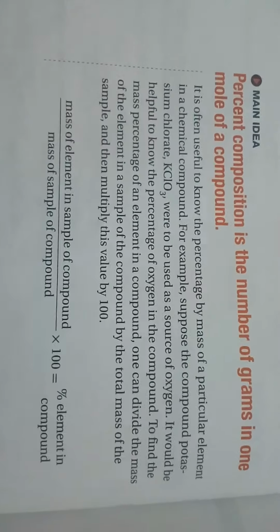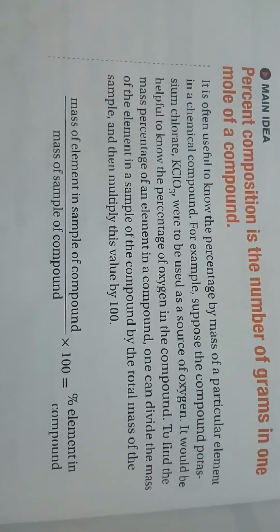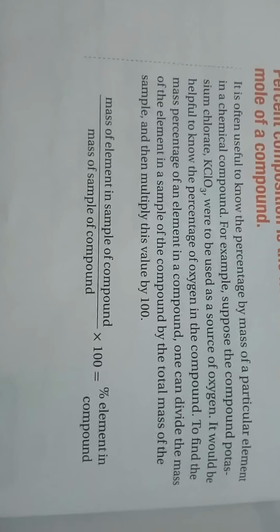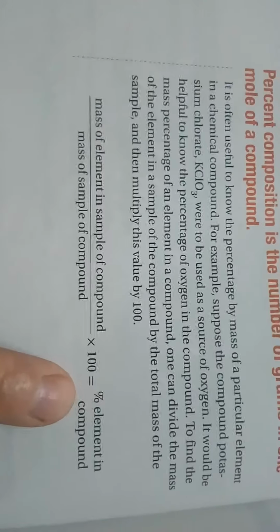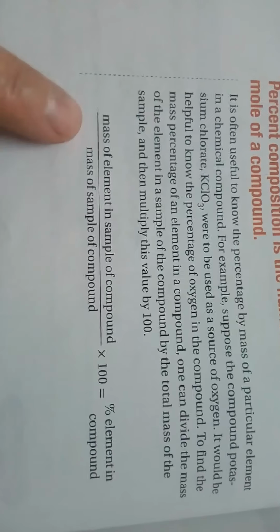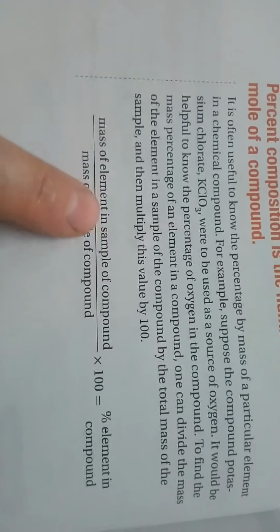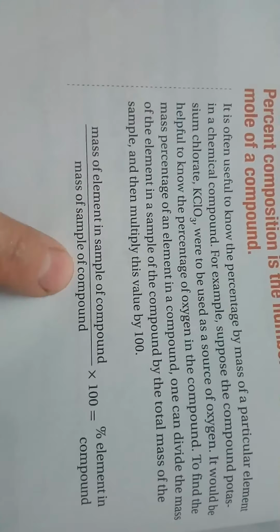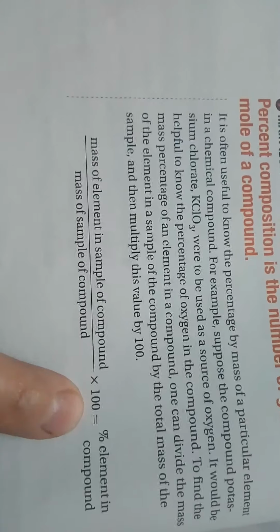So we have this formula: to find the percent element in a compound, you divide the mass of the element in a sample of the compound by the mass of the sample of the compound, multiplied by 100.